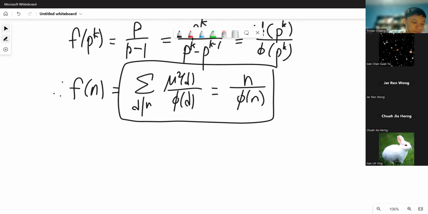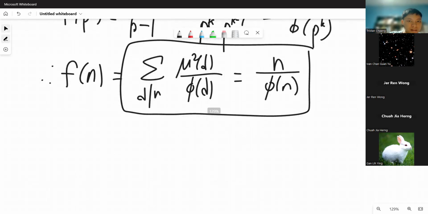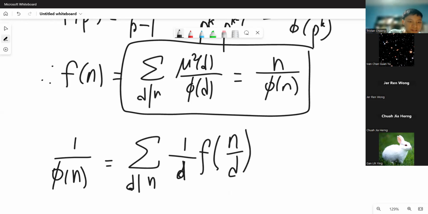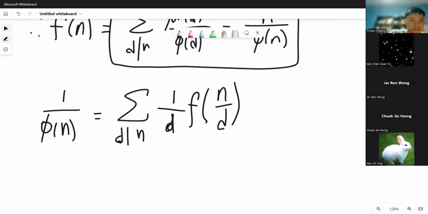I'll just leave an exercise. So 1 over phi n equals the sum over d dividing n of 1 over d times f of d times n over d. So find f.